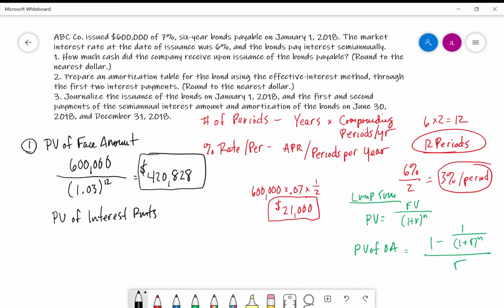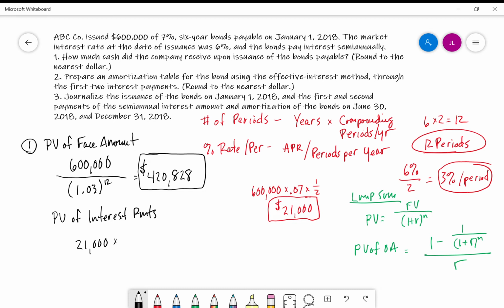to borrow on this bond. So essentially, what we're saying is, we're going to take the interest payment per period, and that's 21,000. We're going to multiply that by our formula here. Now, if you want to use the table, you can use the table. Remember, tables will not give you an exact figure.